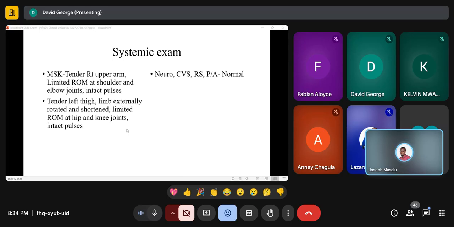So if I define my problems, I have a chronic illness involving the bones. On top of that, the patient has anemia, and the waist circumference, probably maybe the patient is just obese and it's not related.